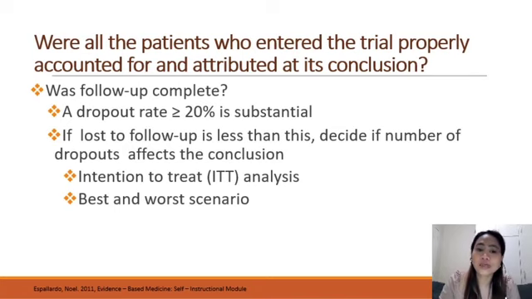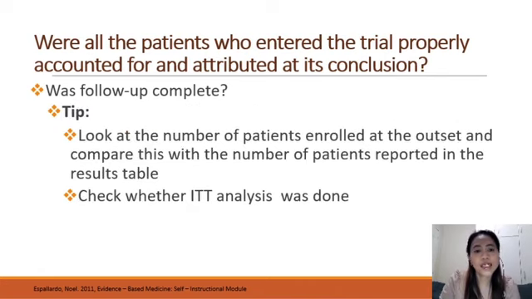If the conclusions remain unchanged after applying the ITT or doing best case worst case scenario, then the dropout rate is not substantial, and the follow-up could be considered as complete. In order to answer the first sub-question, we need to check the number of patients enrolled at the outset and compare this with the number of patients reported in the results table, and check whether an ITT analysis was done.